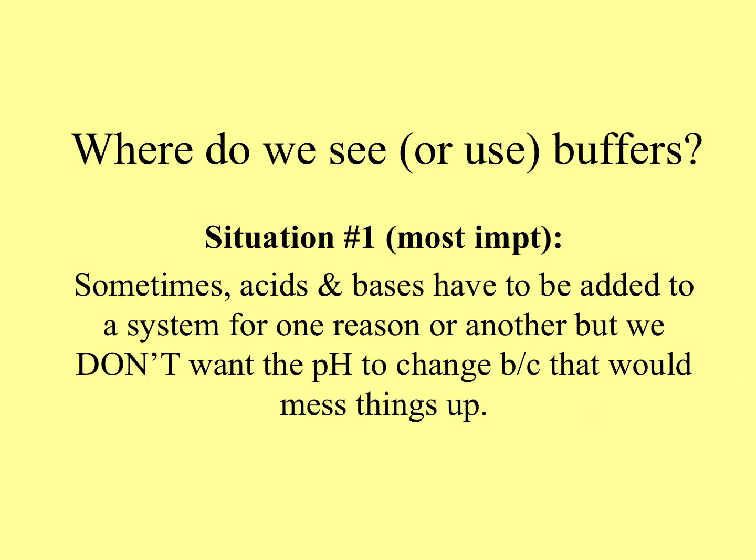So the next thing you might be wondering is when you might see or use buffers. Let's talk about situation 1, which is real life. Buffers are very, very important for helping maintain pH in biological systems. If you think about it, we do need some acid in our body.